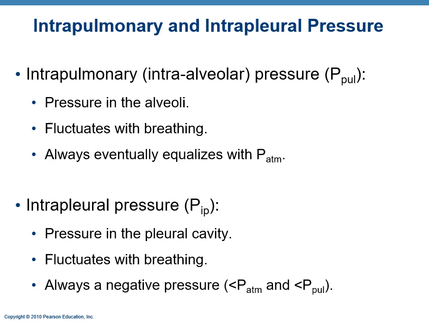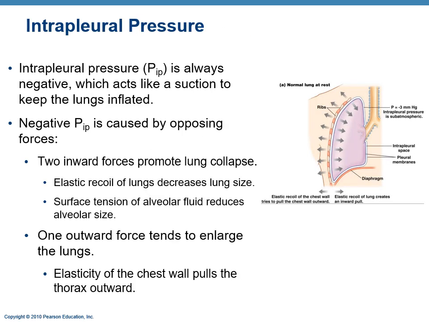And this also will fluctuate with breathing and should always be negative, meaning that it's less than atmospheric pressure and it's less than pulmonary pressure. Why? To prevent lung collapse. So intrapleural pressure, or PIP, is always negative, which serves like a little suction cup to keep the lungs always inflated.